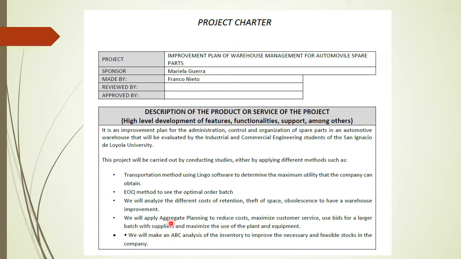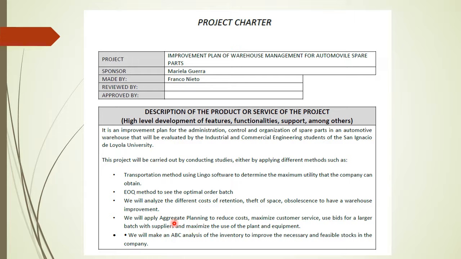Then we will apply aggregate planning to reduce cost, maximize customer service, and so on. Aggregate planning is just to reduce costs. As I said, we will look to have less cost and more utility.